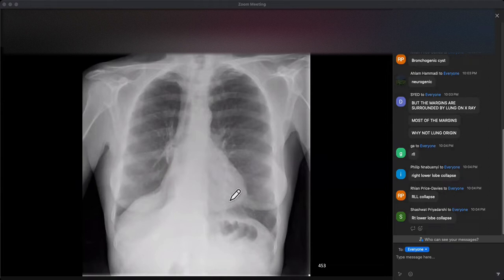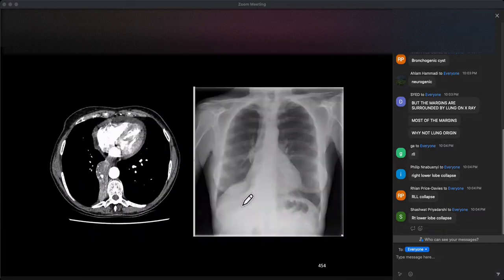And if you were in any doubt about that on the X-ray, doing the CT scan confirms everything, but we can just see that there is a bump just here, and there's the collapsed right lower lobe, and that bump indicates that it's probably due to a neoplasm. Okay, so when we do the CT scan, you can see that bump is here, and this is a malignant tumor causing a right lower lobe collapse.